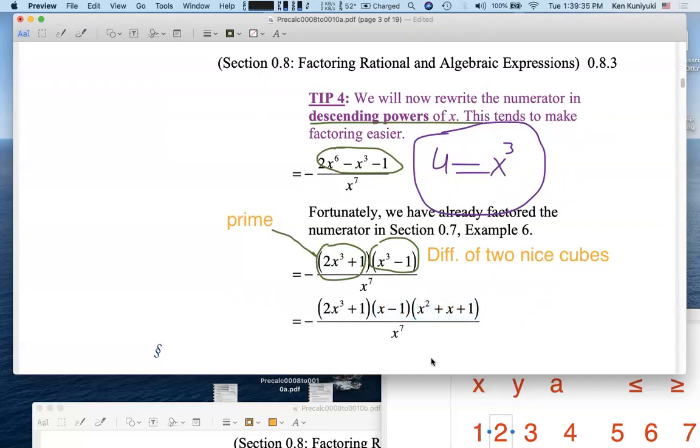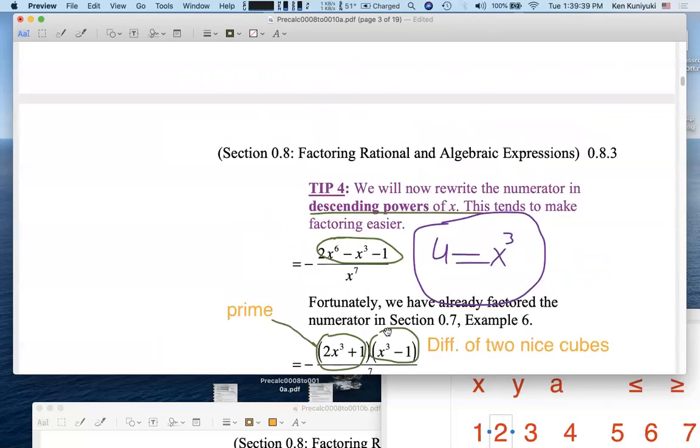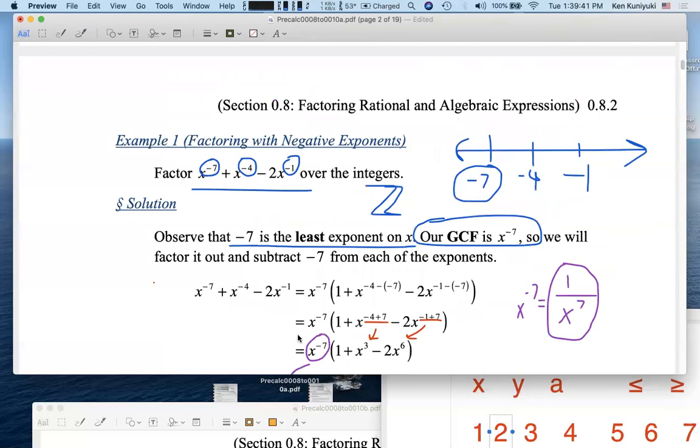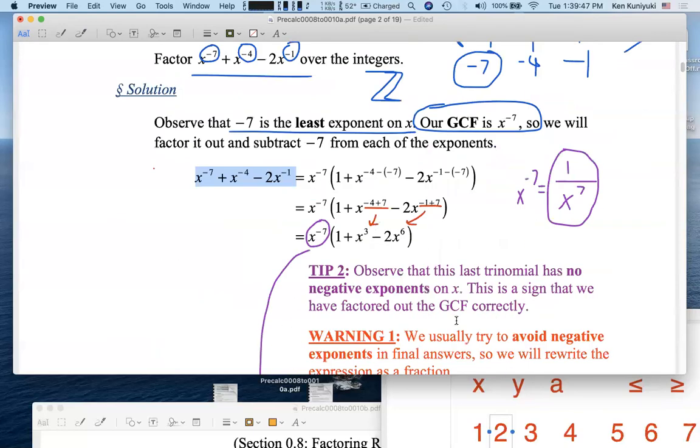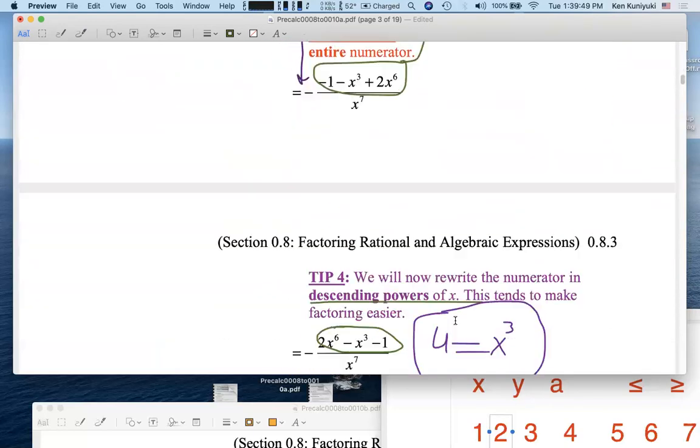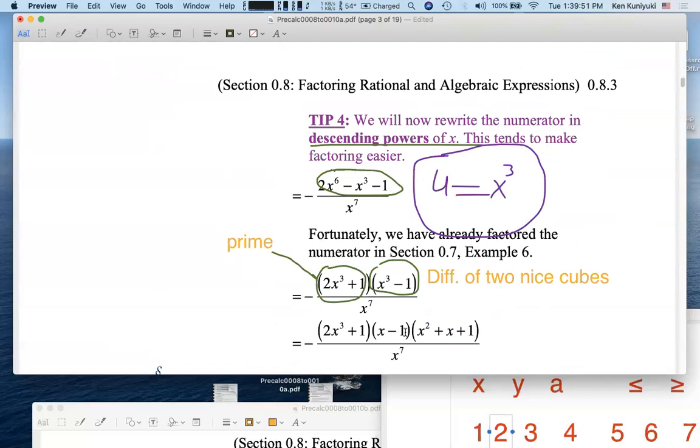All over x to the 7th. Don't forget that. So this is a nice way of factoring this thing up here. Over here, this in blue shading, that factors as this over here. All of this with the opposite sign in front.